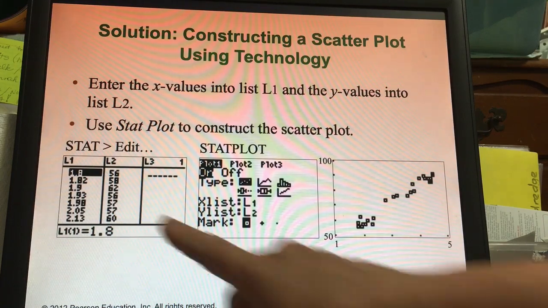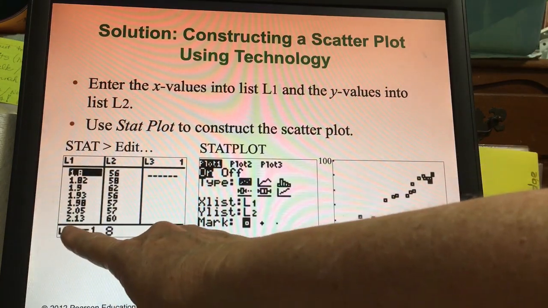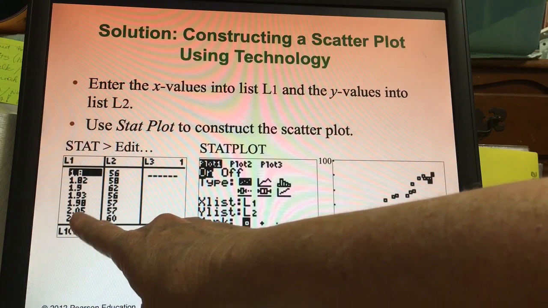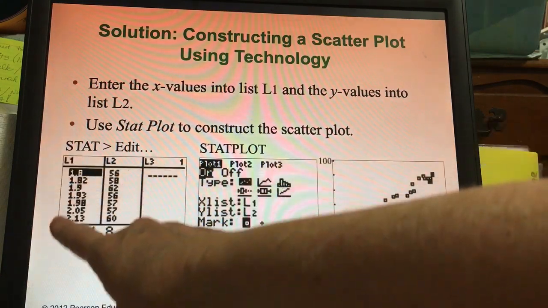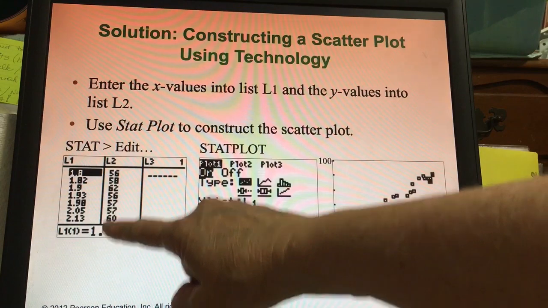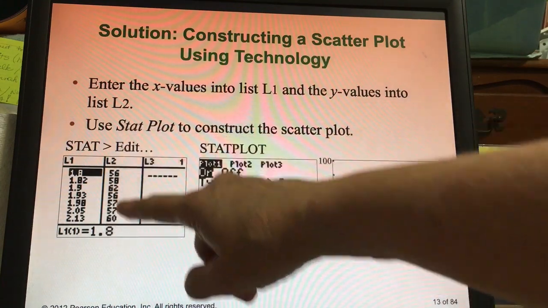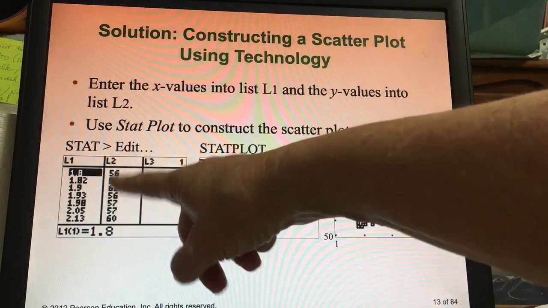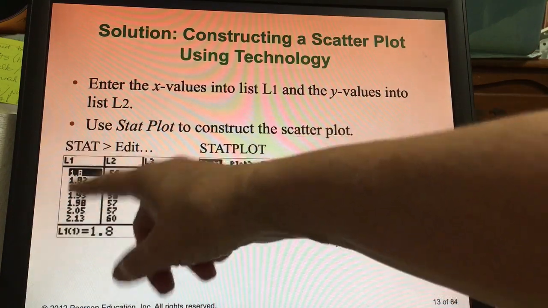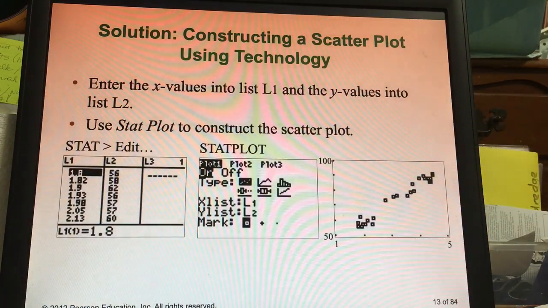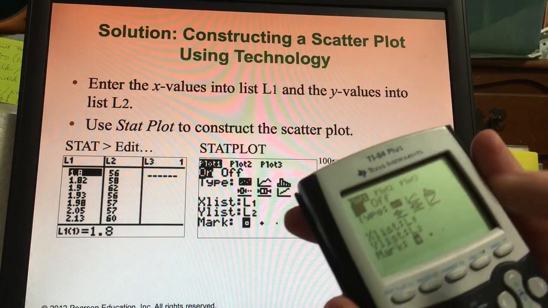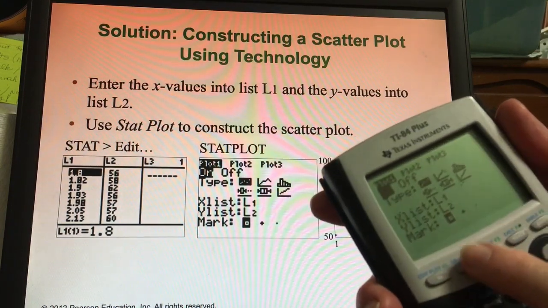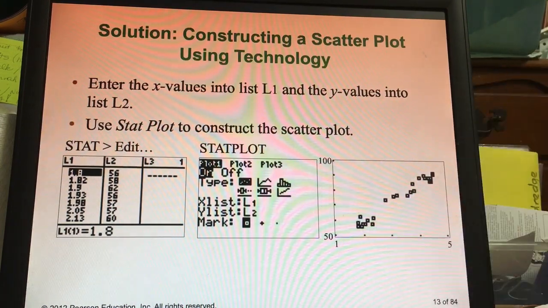Because notice your L1 is in seconds or minutes, but they're very small, and your L2 is, I think, the height that the water goes up. And so this one is higher, and so you're going to need a scale adjustment there. On your window button right here, you would want to go to window and adjust your scale.